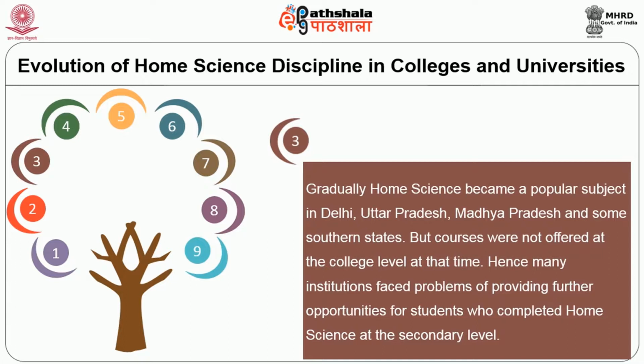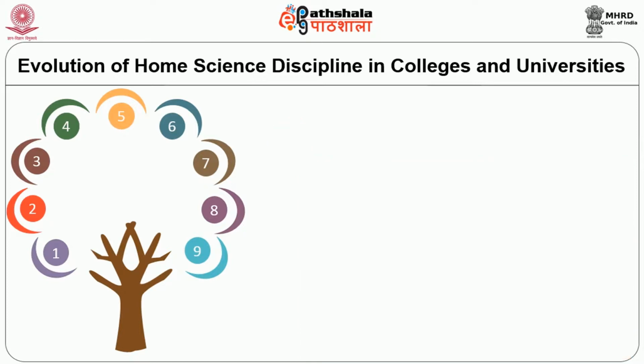But courses were not offered at the college level at that time. Hence, many institutions faced problems of providing further opportunities for students who completed home science at the secondary level.